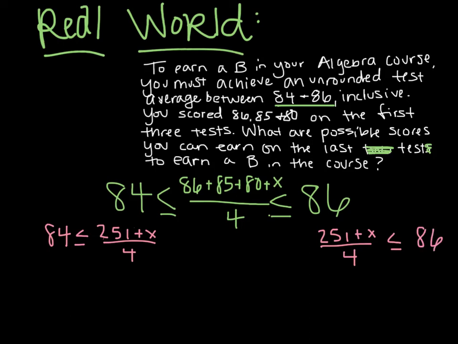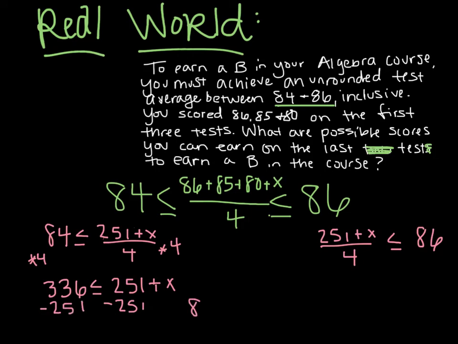And then getting x by itself, we're going to first multiply by 4 on both sides, and we get 336 is less than or equal to 251 plus x. And we subtract 251, and I'm running out of room. But when I do that, I get 85 is less than or equal to x. Then I jump over to this other one.